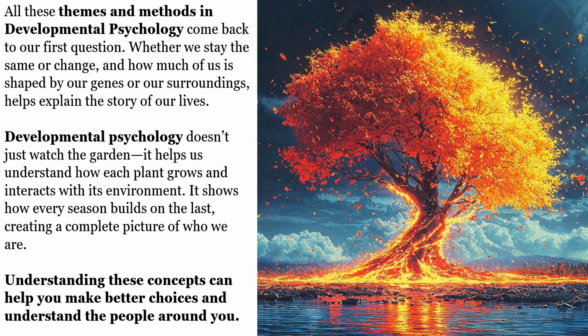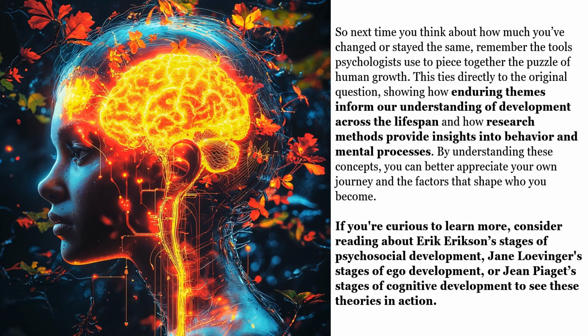Understanding these concepts can help you make better choices and understand the people around you. So next time you think about how much you've changed or stayed the same, remember the tools psychologists use to piece together the puzzle of human growth. This ties directly to the original question, showing how enduring themes inform our understanding of development across the lifespan, and how research methods provide insights into behavior and mental processes.